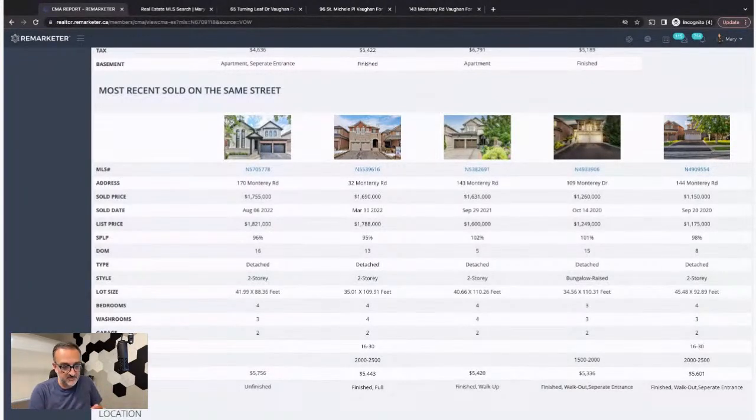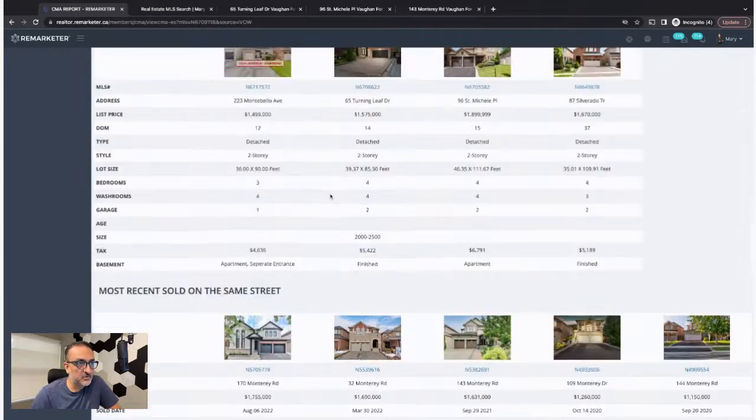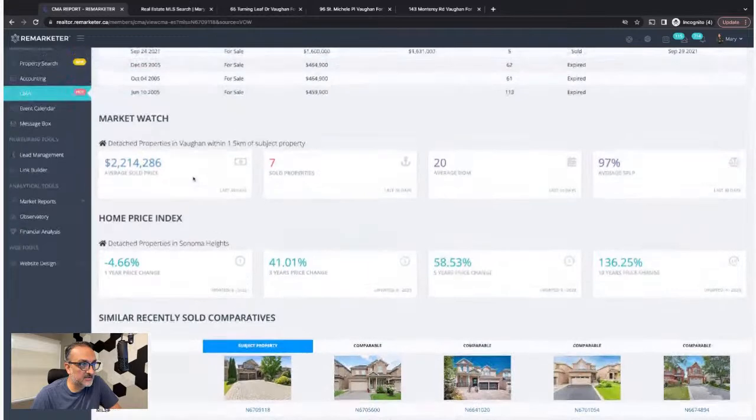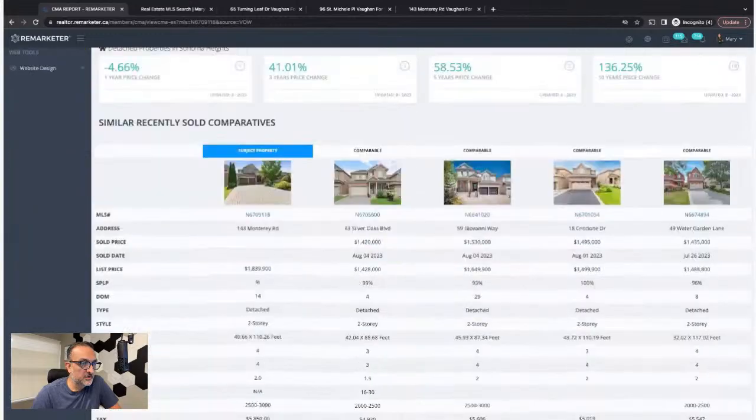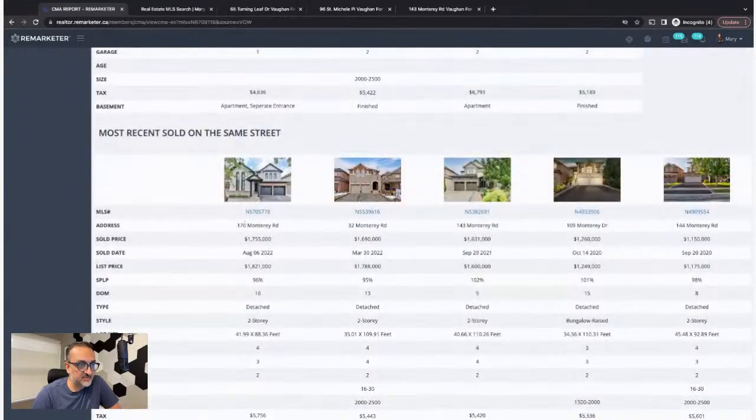So imagine you're sitting right there in the car in front of the property, and you're reviewing this CMA, the instant CMA, and you know that you're looking at 143 Monterey Road, and then we can say that, okay, 170 sold for this in 2022, 32 sold for that in 2022, 143 sold for this amount in 2021, so on and so forth. So I know all the neighbors, who sold when and for how much.